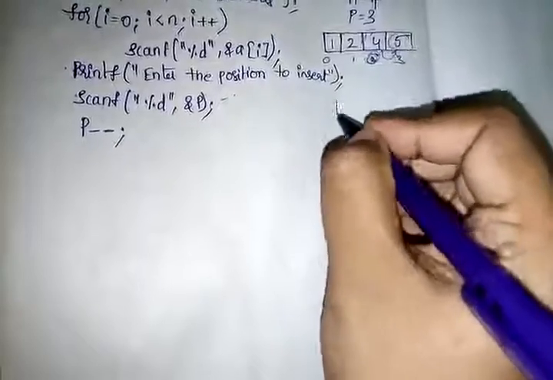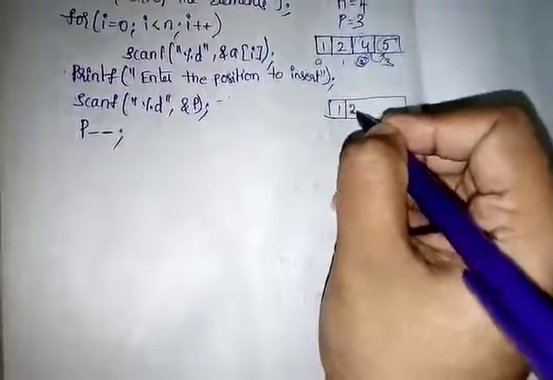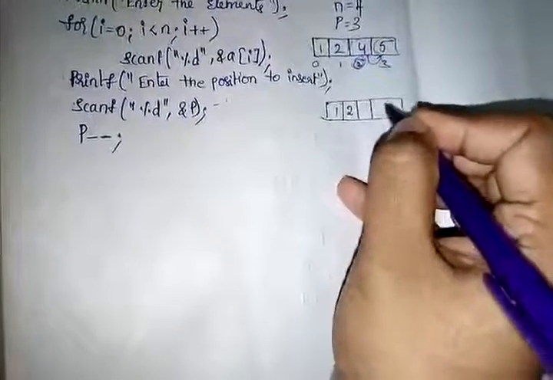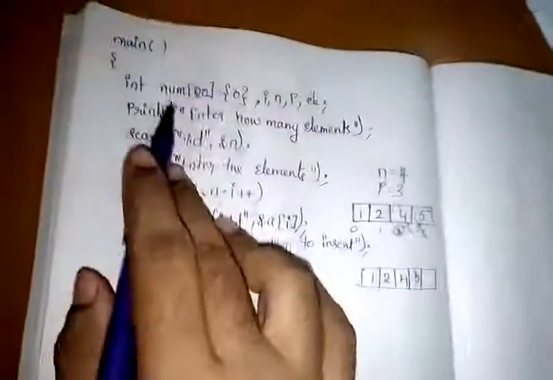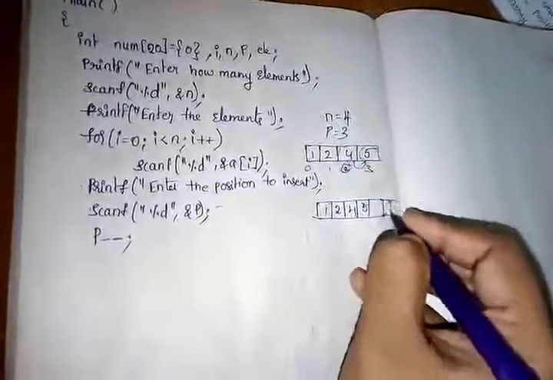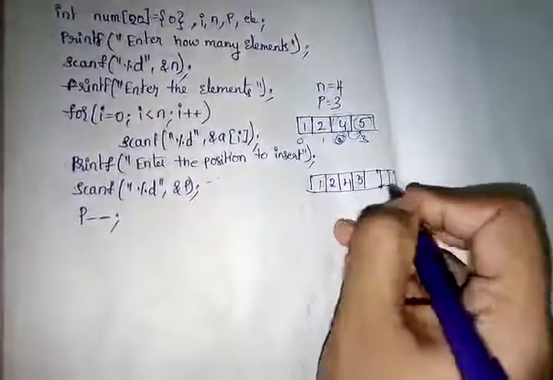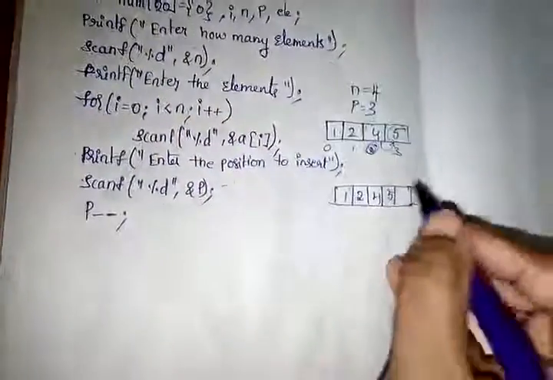So for that purpose, the array is 1 2 4 5, and as we have declared a[20] here, we'll have memory for 20 elements given to our program. In that we have used only 4 elements by giving the n input value from the user.